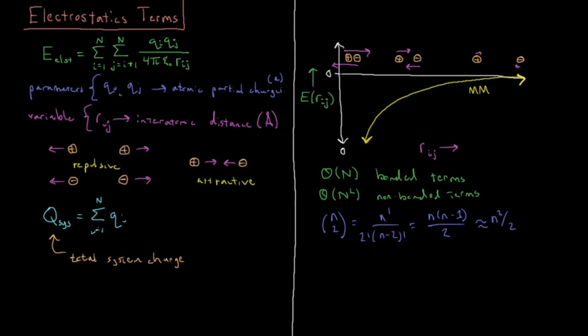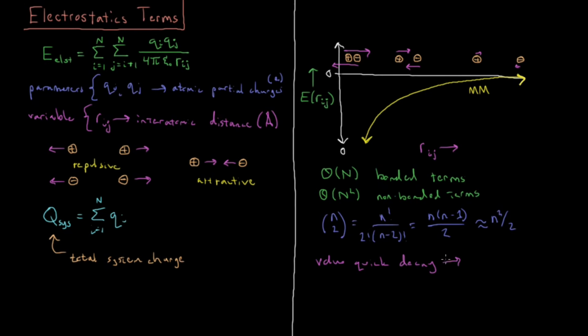Now you might say, well, that's fine, but we have the same number of terms to deal with for van der Waals. Van der Waals is also a sum over all atom pairs. And you'd be correct, except for the following caveat: van der Waals more quickly decays with respect to distance.